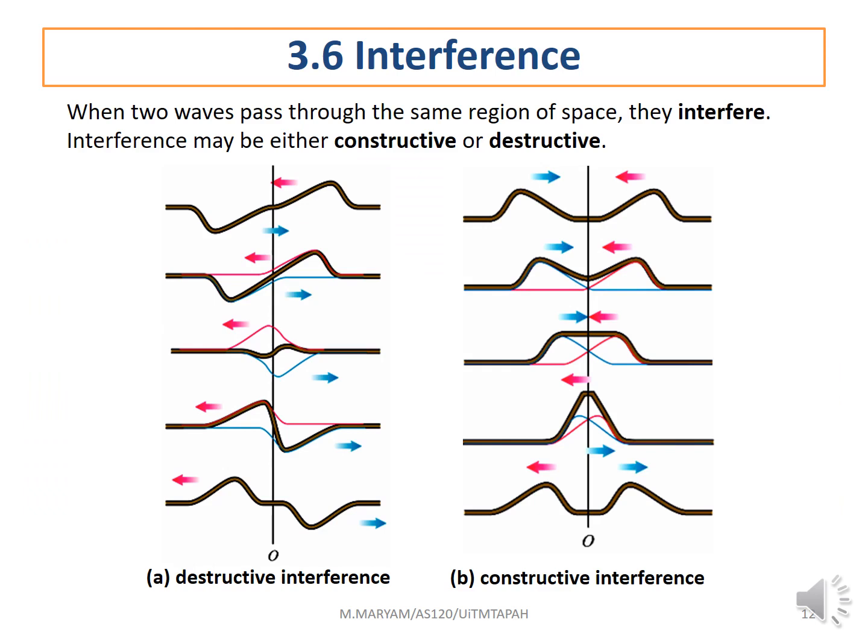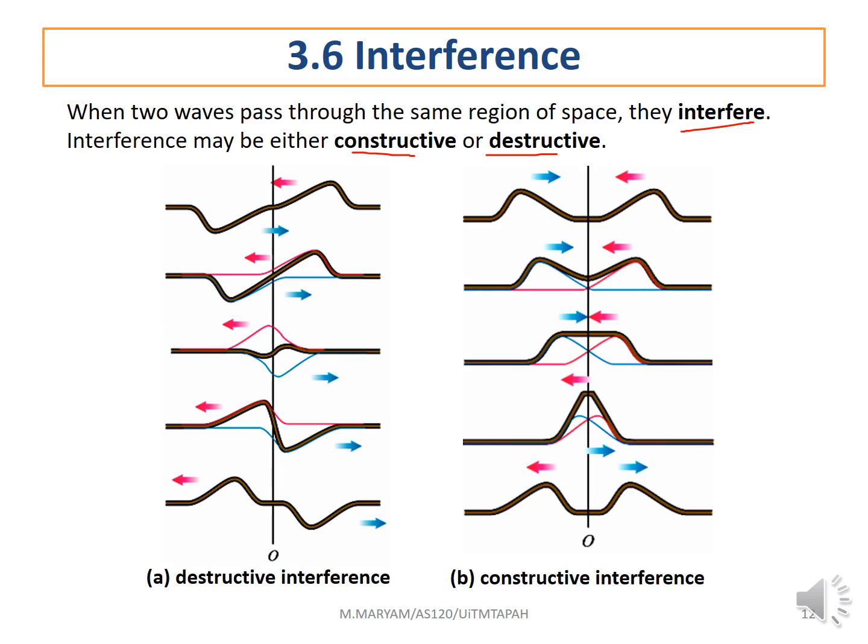As I mentioned, there are two types of interference based on the previous figure. When two waves pass through the same region of space, they will interfere. Interference may be either constructive or destructive. A represents destructive, B represents constructive.